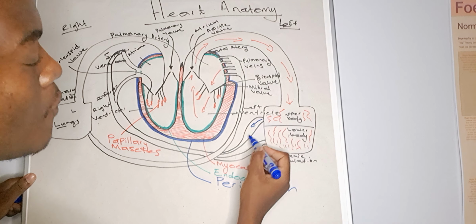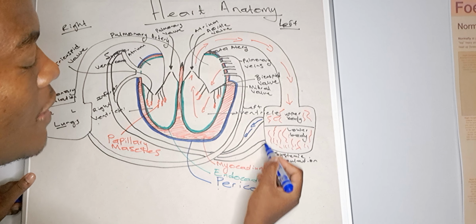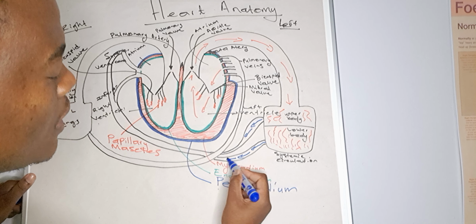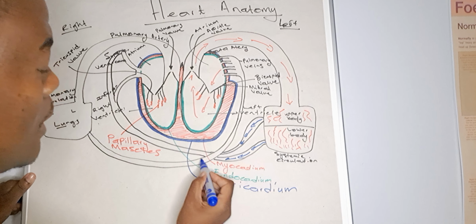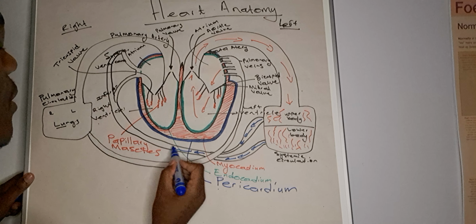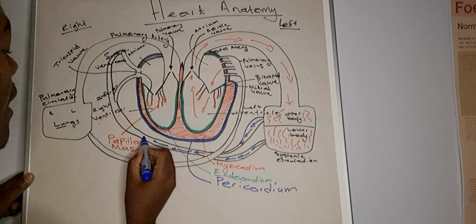The blood that is coming from your upper body will have less oxygen. The blood that is coming from your lower body will also have less oxygen. But when they are here, it will only be one blood vessel because this is a simplified diagram.